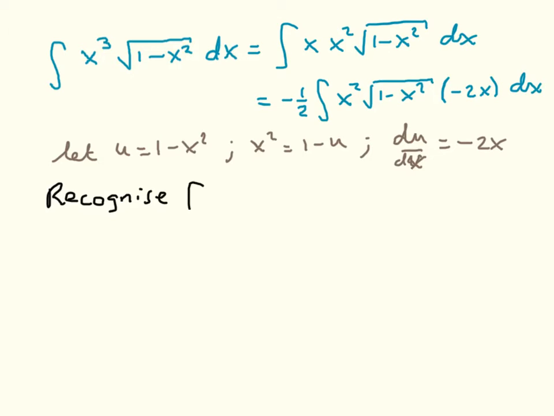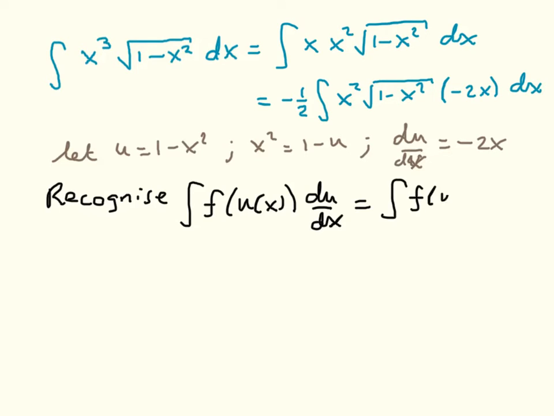In other words, we recognize that our integrand that we have here, or here, is of the form that it is written in terms of u, and we see that everything here can be re-expressed in terms of u, and that we have this factor of du dx, and in that case we just have to integrate everything with respect to u, and we can then at the end rewrite u in terms of x using our definition here.